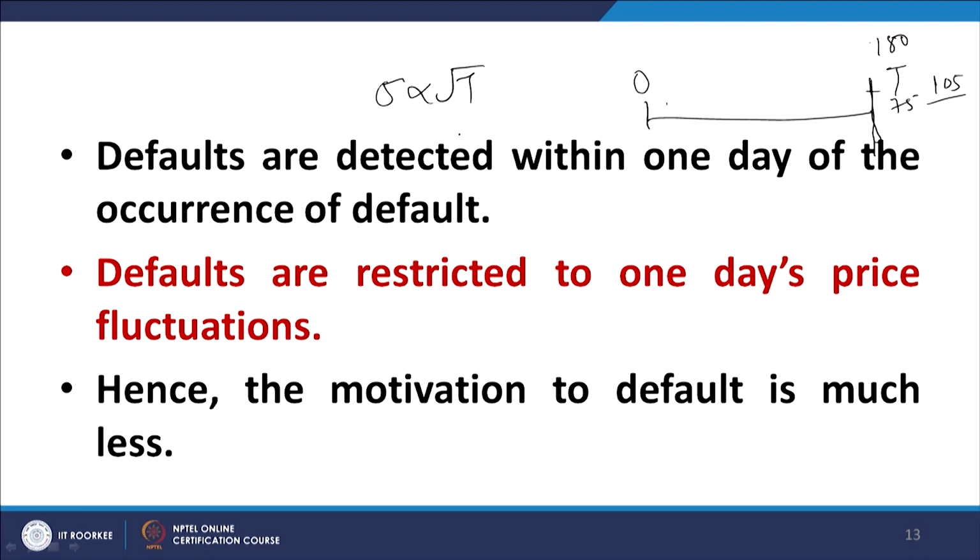So, the smaller the time period, the lesser the level of fluctuation, at least on average. So, when we have daily settlements, the price changes are far smaller, and therefore, the incentive to default becomes much less.